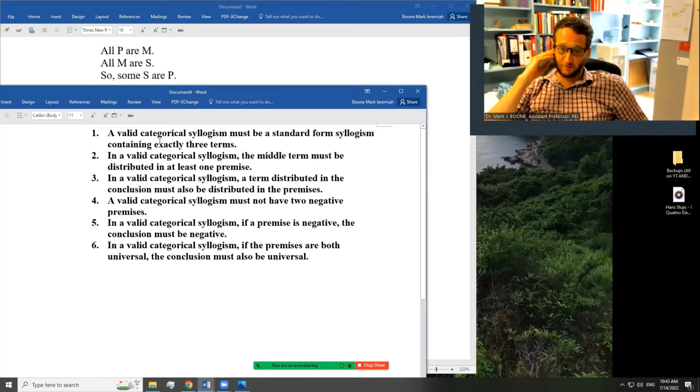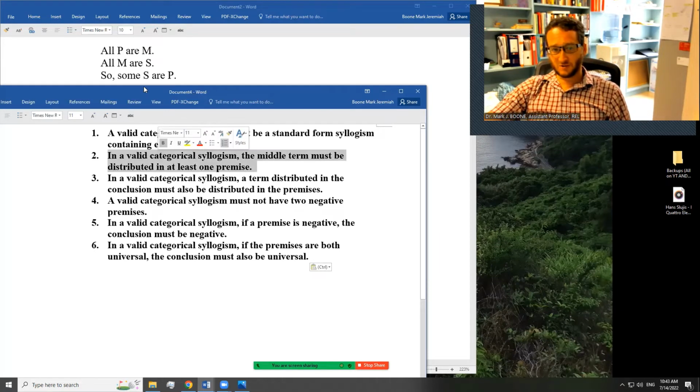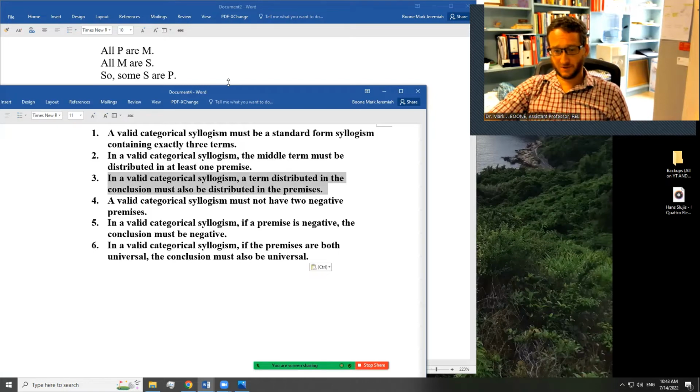Do we have a standard form syllogism containing 3 terms? Yep, no problem. The middle term must be distributed in at least one premise. The middle term, M, is distributed in the second premise, so no problem there. In a valid categorical syllogism, the term distributed in the conclusion must be distributed in the premises. The conclusion does not distribute any term, so no problem there.